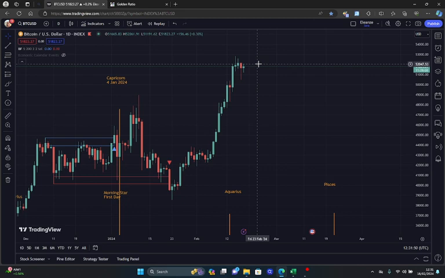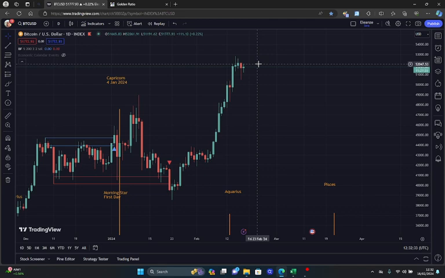Then by the 22nd of March we will have a confirmation of the bear reversal, just in case this 5th of March is not significant. I'm expecting the 4th of March to be pumping and then reverse to bearish. If that is not significant, then by the 22nd of March we will have that pump. I haven't got the exact date yet, but by the 22nd of March we will be on a bear trend. That's what I'm saying. By the 22nd of March.